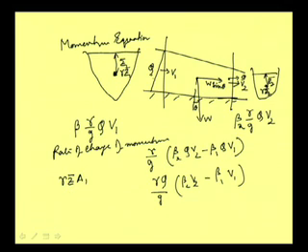This is the force acting from this direction, gamma z1 bar A1. Then the force acting from the other side, because our control volume is this one, will be just opposite to this force. So, we can write minus gamma z2 bar A2. This is z1 bar A1 and this is z2 bar A2.